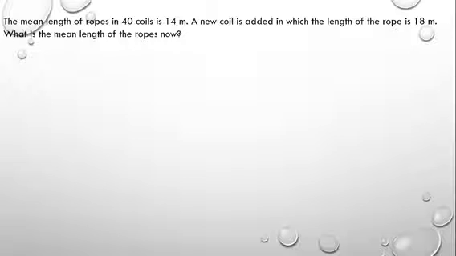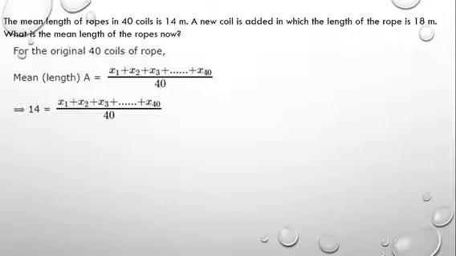We had an initial mean for 40 coils, but now another coil is added, okay? And then we want to find the new mean for that set of data. Now for the original 40 coils of rope, of course, how did we get the mean? We got the mean by adding all the 40 lengths and dividing by the number, which is 40. We added the length of the rope in each of those 40 coils.